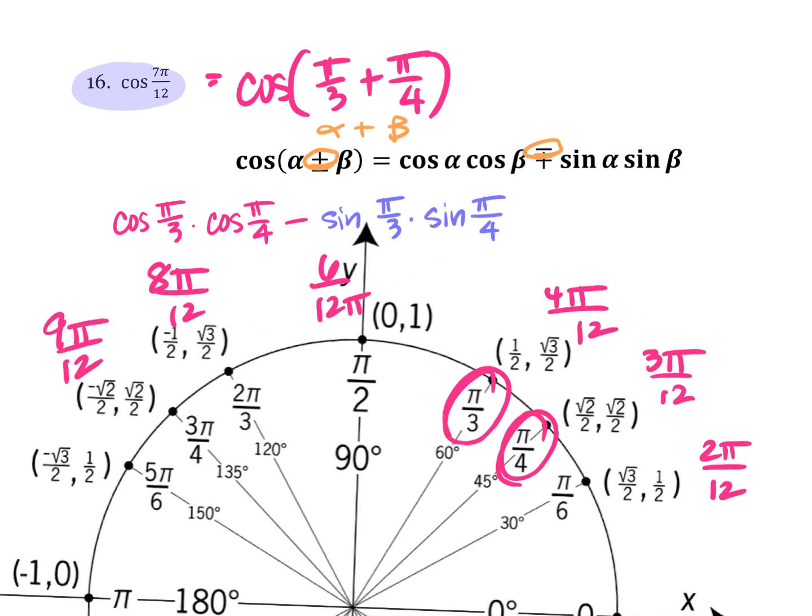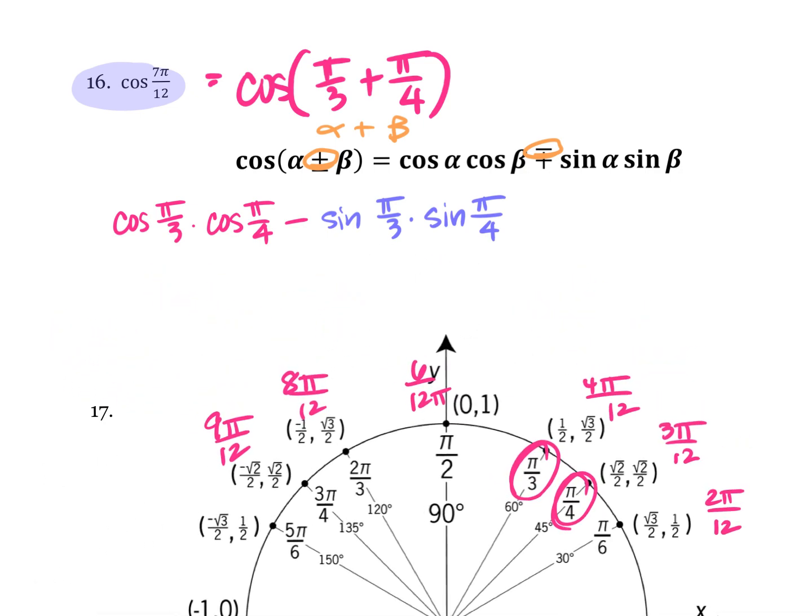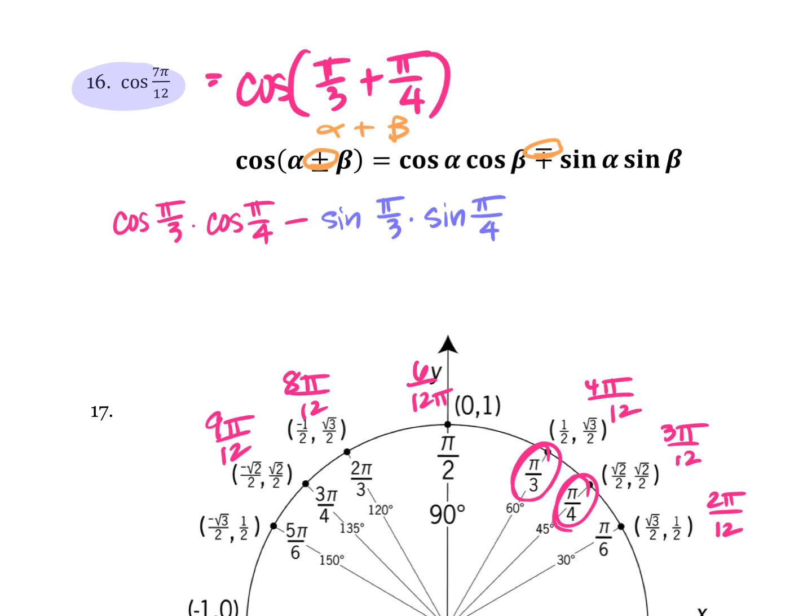Cosine of pi over 3 is the x value, which is a half. Cosine of pi over 4 is root 2 over 2. Minus the sine at pi over 3, root 3 over 2, times the sine at pi over 4, root 2 over 2.